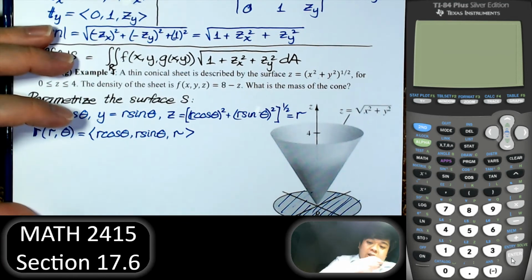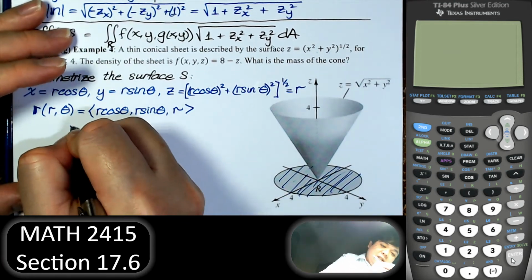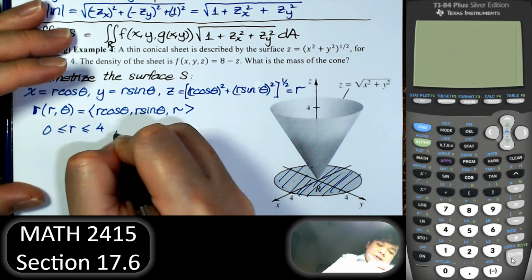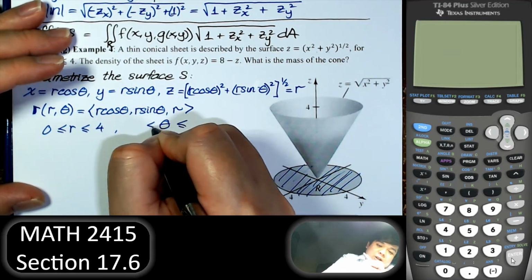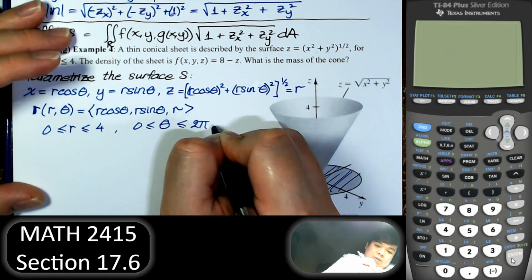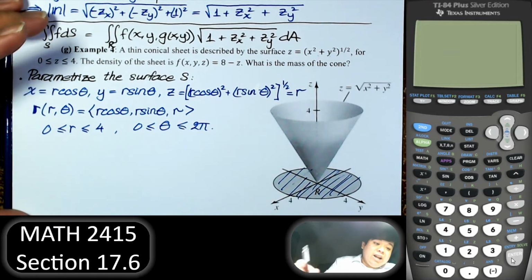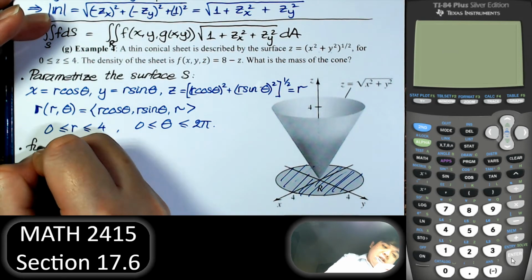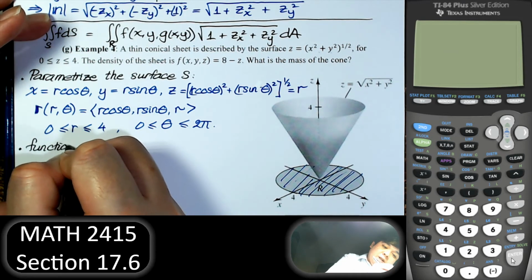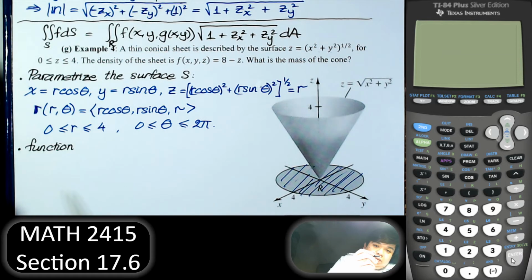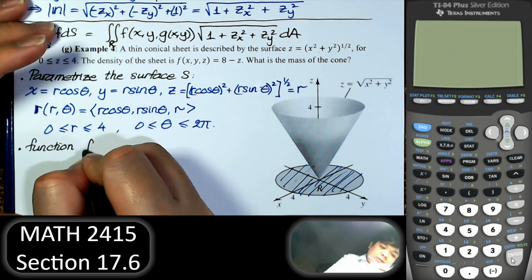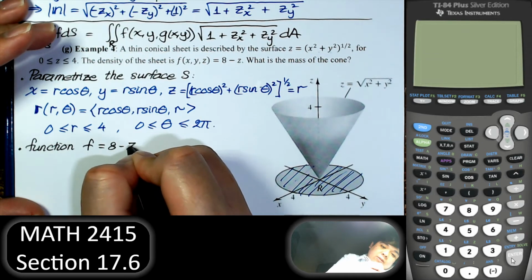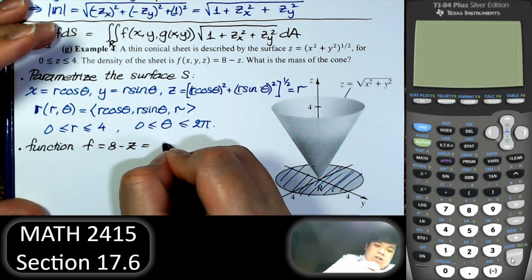Limits: for that disk, r from 0 to 4, and theta from 0 to 2 pi. Next, the density function. And z equal to r, so this is just a minus r.